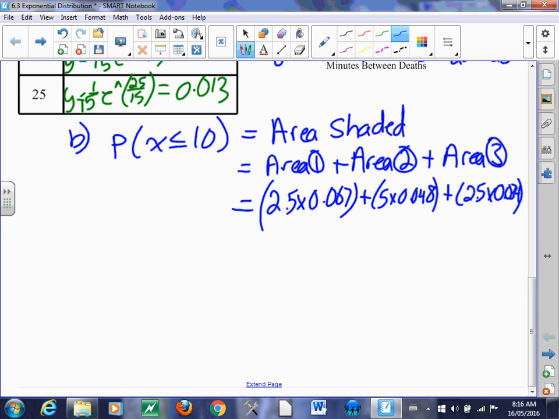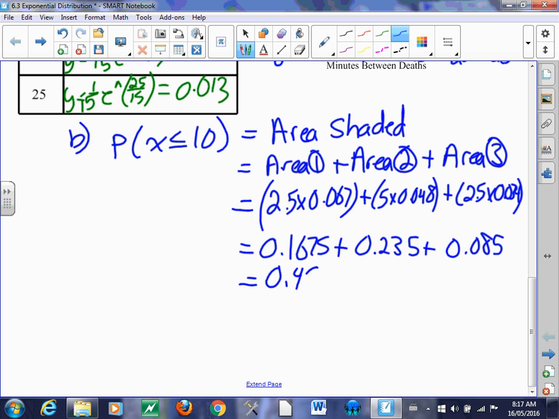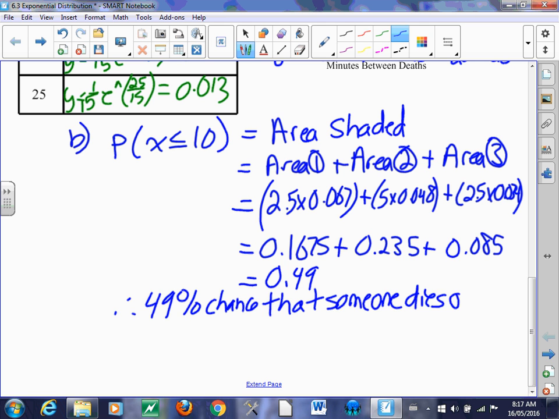And hopefully you're getting these answers: 0.1675 plus 0.235 plus 0.085, and that equals 0.49. So, therefore, there is a 49% chance that someone dies in the next 10 minutes. Unfortunately, that's not good news, but hopefully people are not smoking. Sorry, typo.